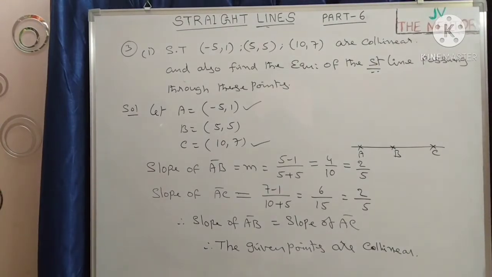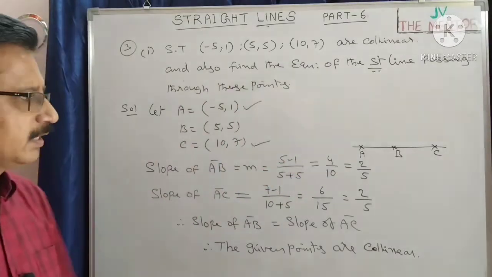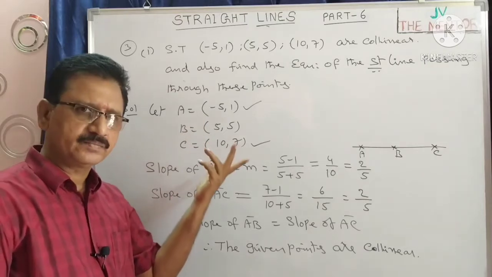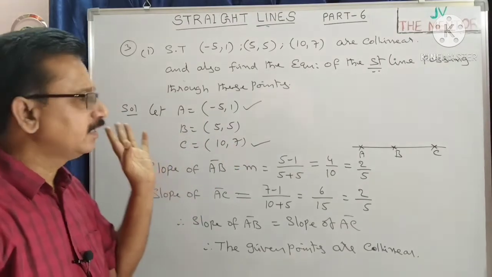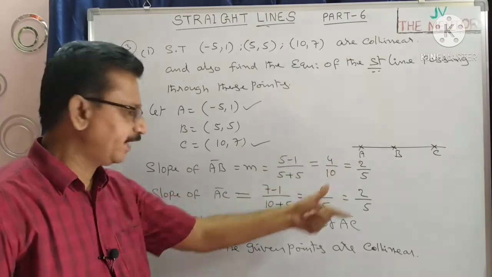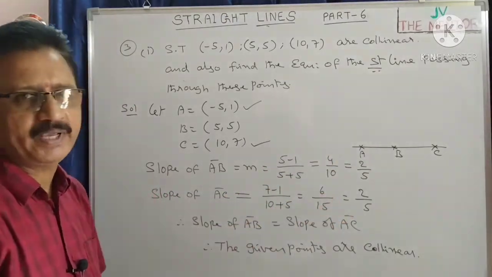Next we will find the equation of this line. Now here this line passes through the points A, B, C. Taking any point as x1 comma y1. And what is the slope of this line? The slope of this line is 2 by 5, let it be m.